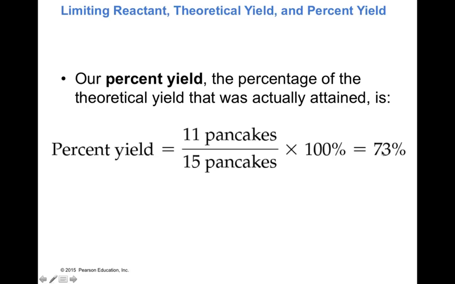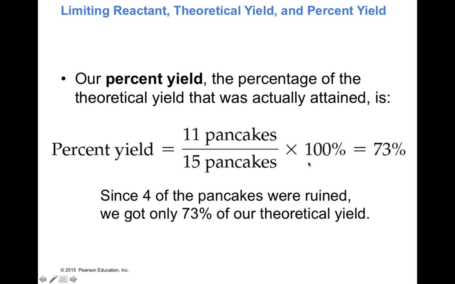This will be equal to 73%. This is the percent yield. Okay, so the percent shown here is wrong. It is the actual yield divided by the theoretical yield times 100. That will be the percent yield. So since four of the pancakes were ruined, we got only 73% of our theoretical yield.